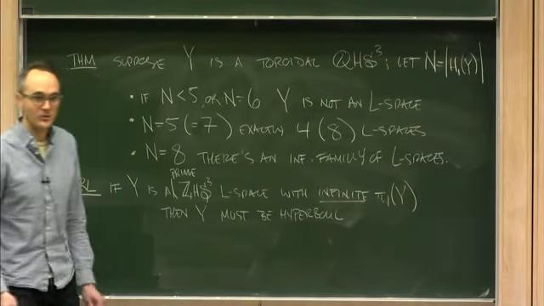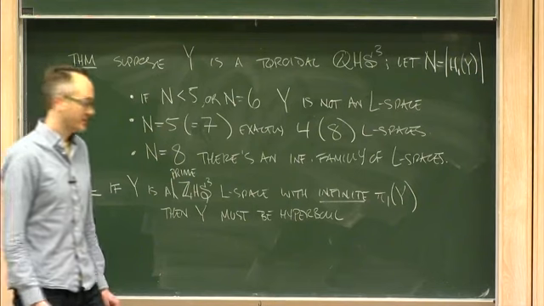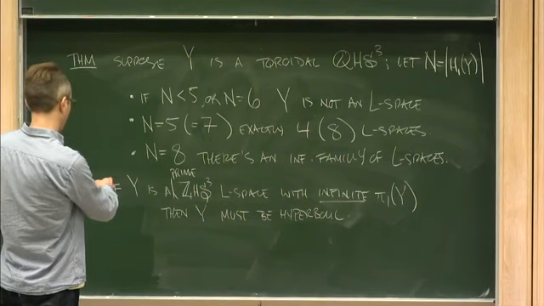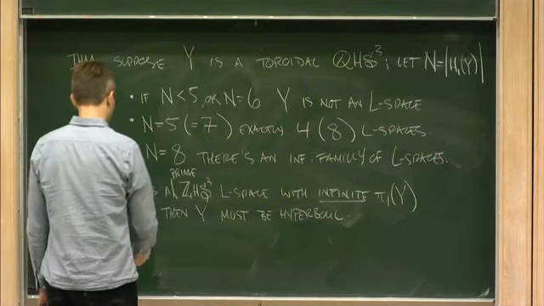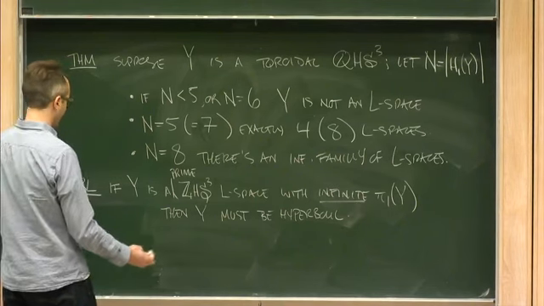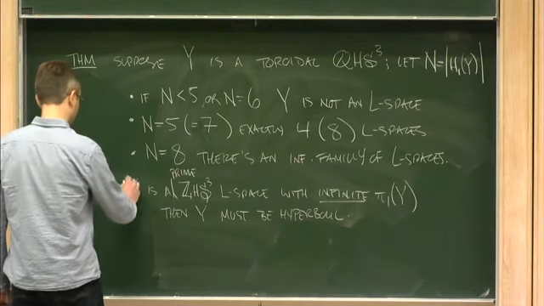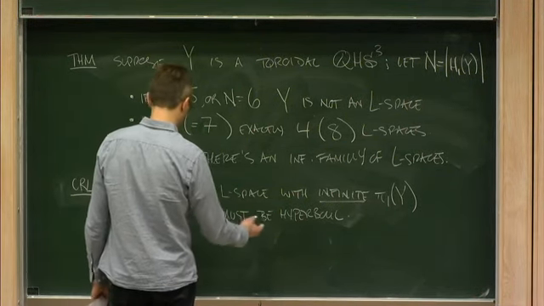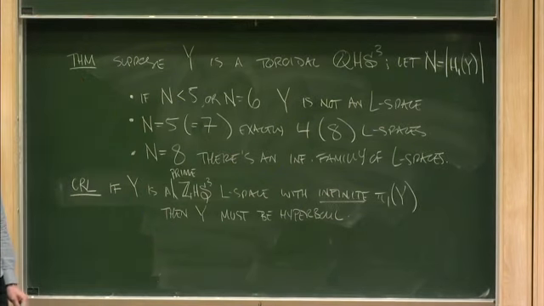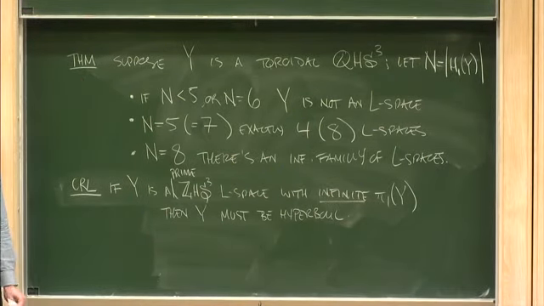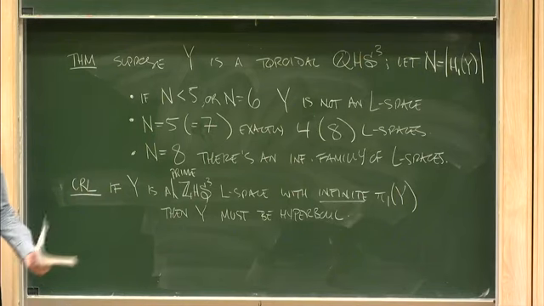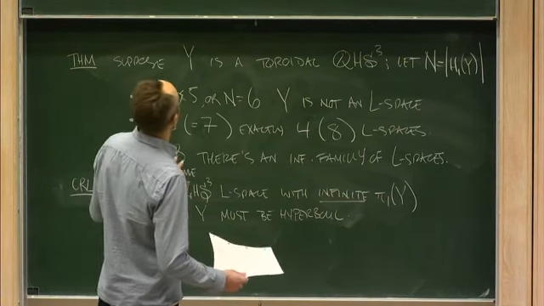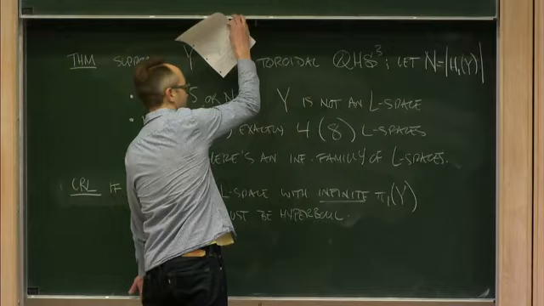Or maybe it doesn't exist at all. I should have said, if there exists a Y. Okay, you should annotate your notes. If such a Y exists, then we know a priori it must be hyperbolic. So maybe I'll turn this into an exercise instead of doing it.